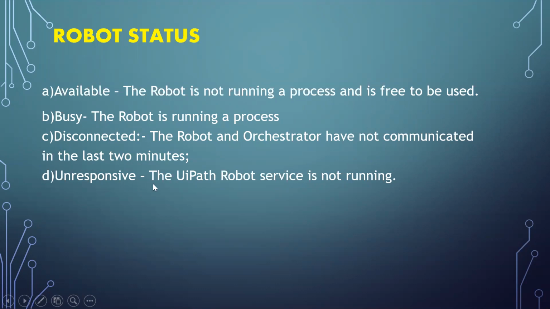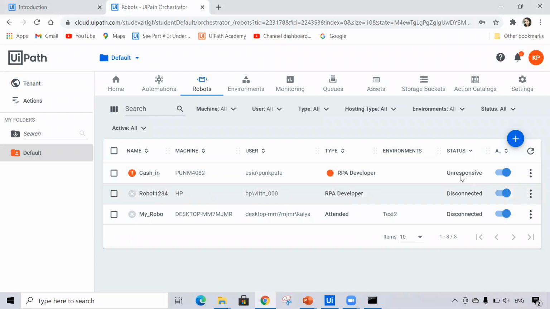And unresponsive means the UiPath robot service is not running. If you go to the robot tab, you are able to see these different statuses like disconnected, unresponsive, like that. So once your robot is available, it shows a green symbol and it shows available in the status.